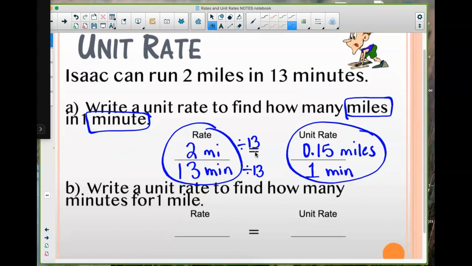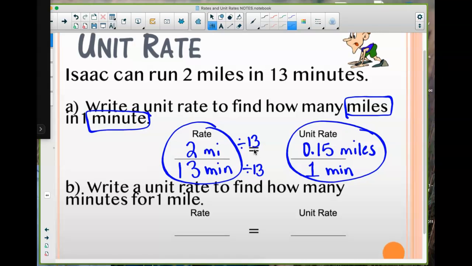Okay, the second one says find a unit rate to find how many minutes per mile. Okay, now notice that it's put in a different order this time. This time I want the minutes first. So this time we're going to put 13 minutes over 2 miles. So we have 13 over 2. And if I want a unit rate, I need to get the bottom number to be 1.